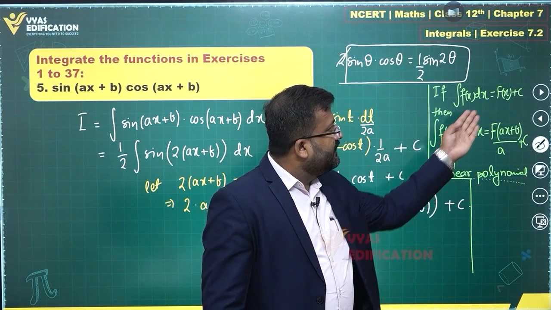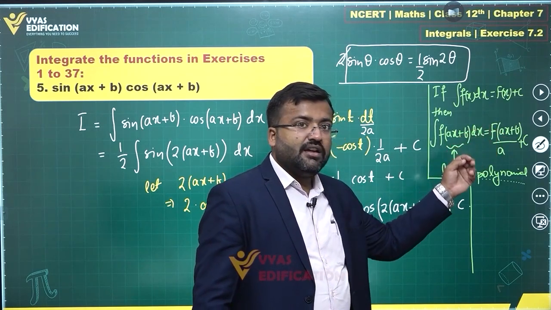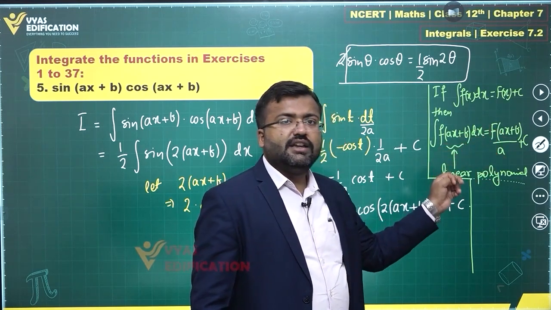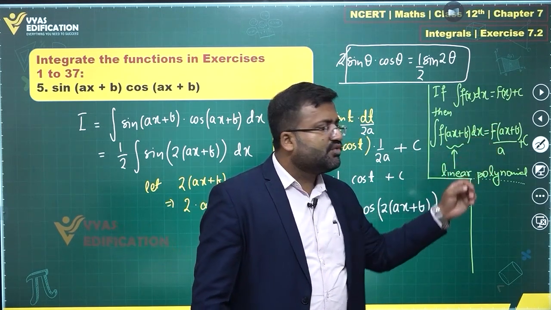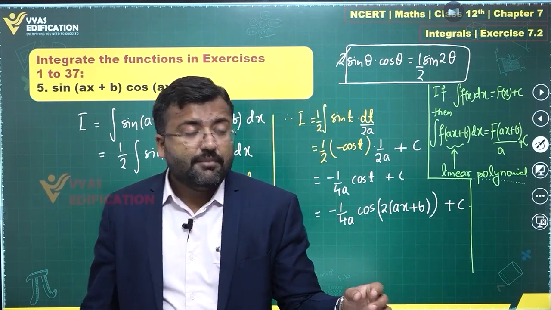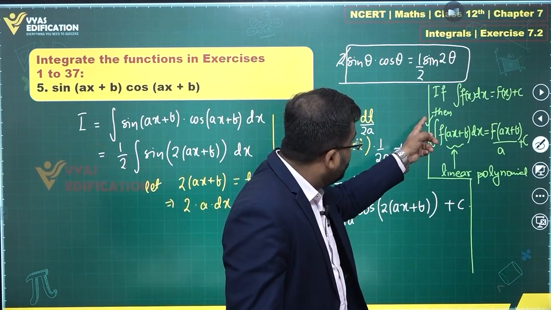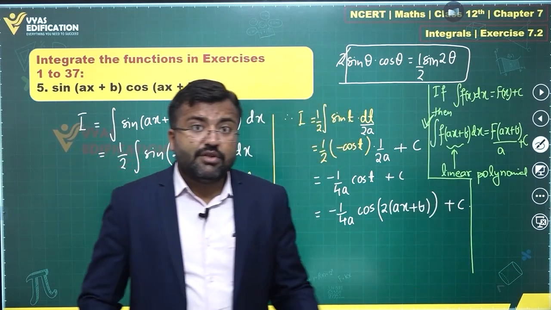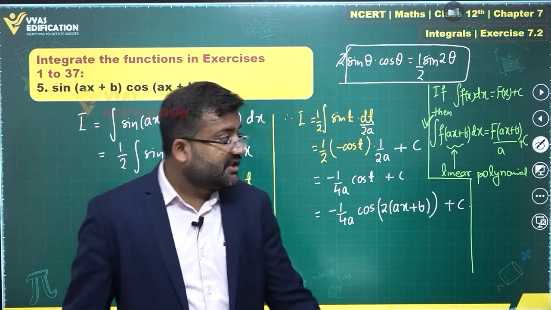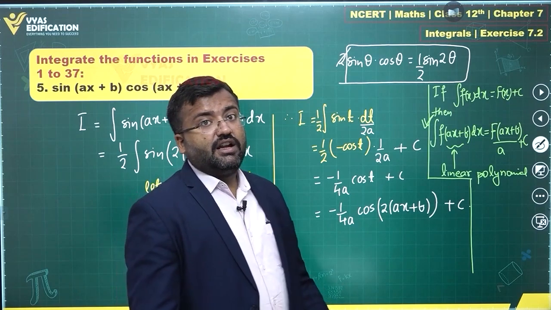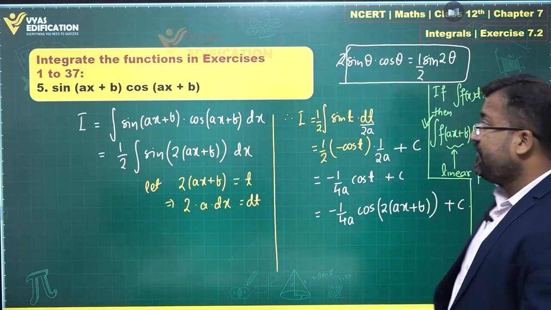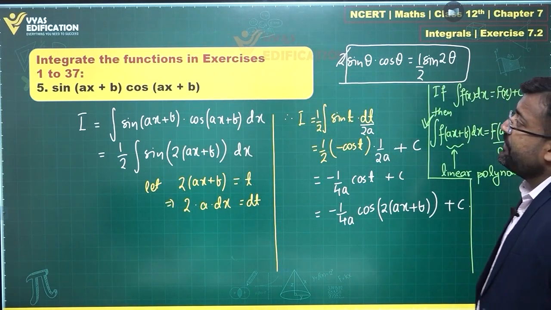Integral of f of t will be capital F of t, and there will be a in the denominator. Yes, t can be replaced by ax plus b. But this is one thing that you need to remember from now onwards, right? This will be used over and over again in multiple types of questions. We'll memorize this, and it is using the idea of substitution that we have derived this.